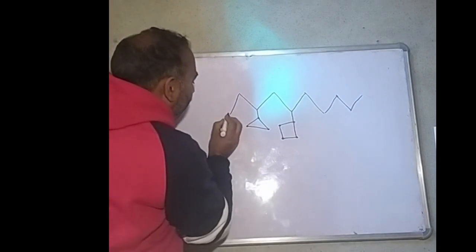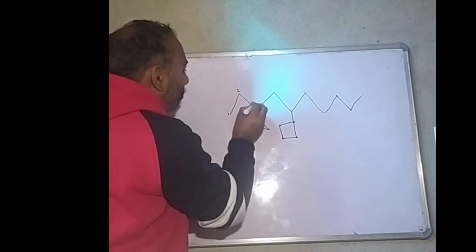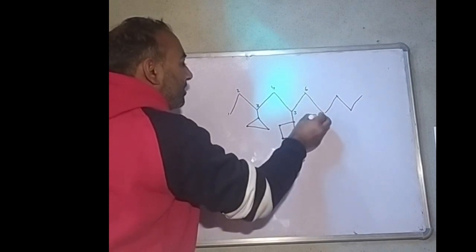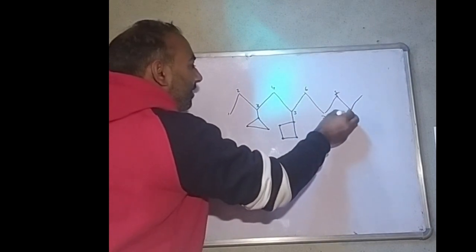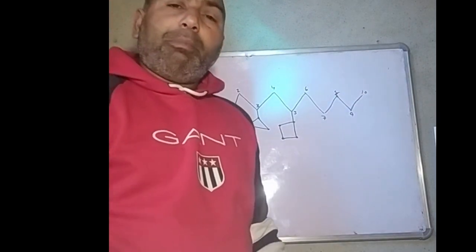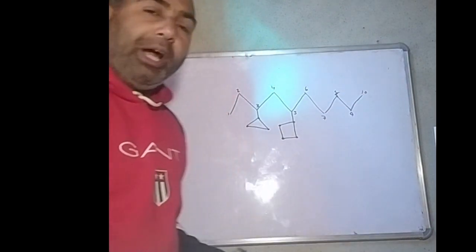So do the numbering. 1, 2, 3, 4, 5, 6, 7, 8, 9, 10. It's a decane. But before that, we will write the substituents.